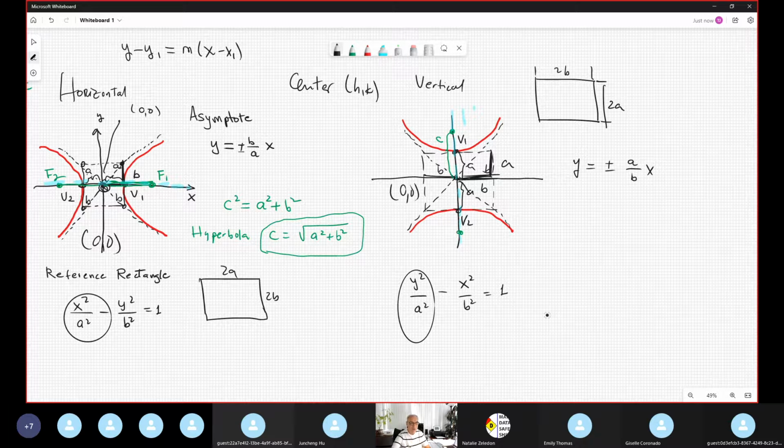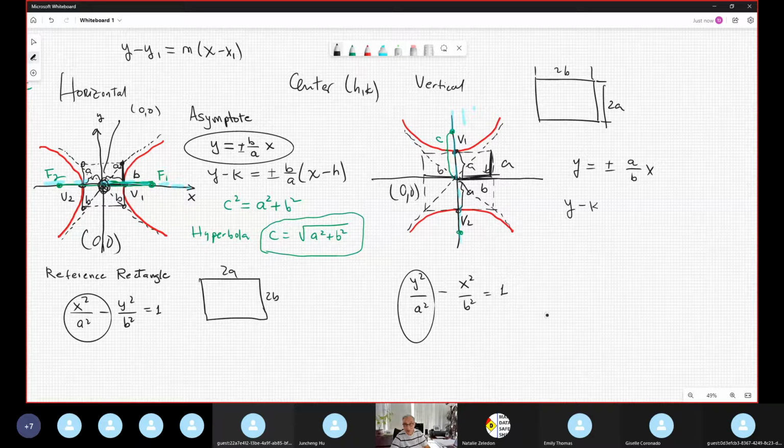Do you remember this in intermediate algebra or in high school? So, y minus k, because you take the center as the point, is equal to plus or minus b over a, parentheses, sorry, x minus h. Okay, and in the scenario where h and k are 0, you use this easier equation. In the other case, it is similar: y minus k is equal to plus or minus a over b, parentheses, x minus h. Okay, cool. Let's practice.